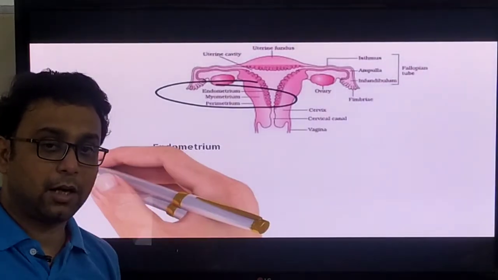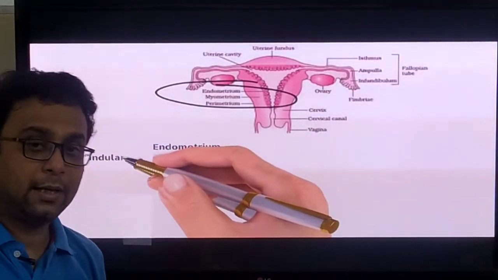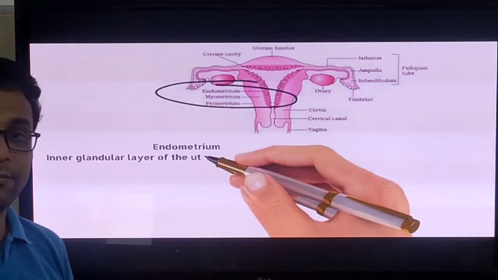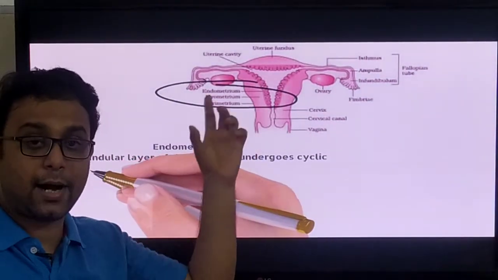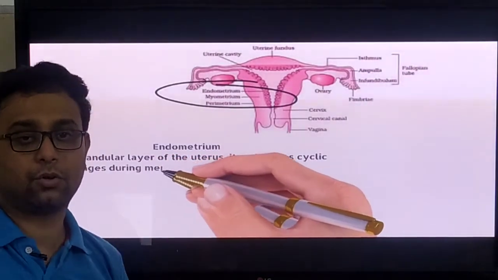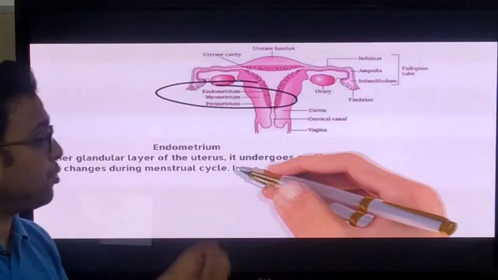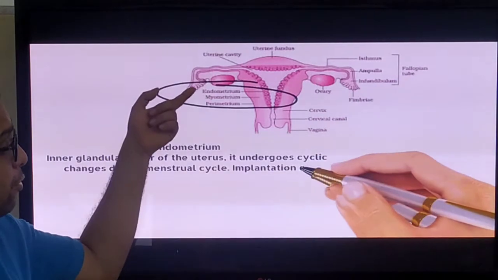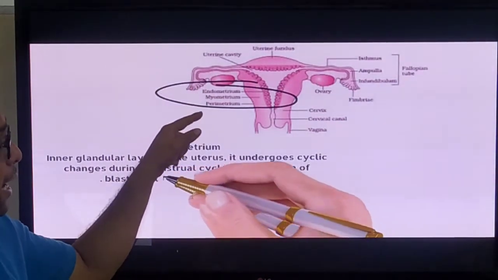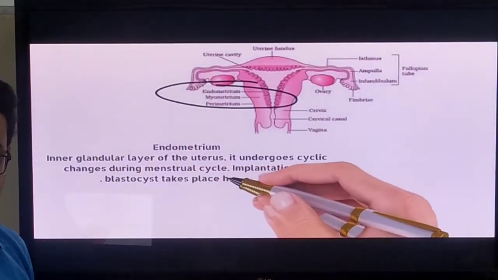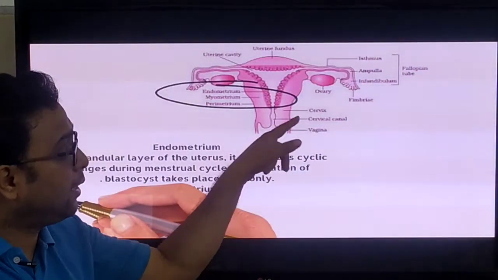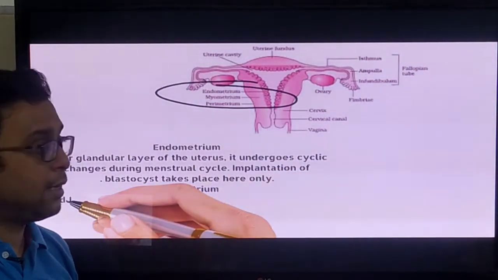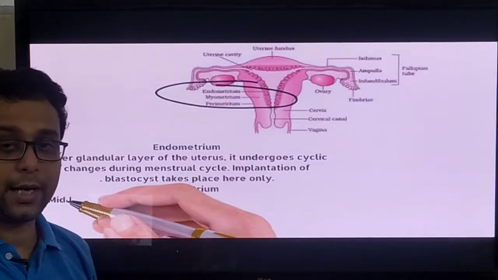Implantation means the zygote, after cell division, becomes a blastula, and the uterus is the site where the baby ultimately grows, right? So the uterus has three membranes: endometrium, myometrium and perimetrium. Next, the structure present here is the cervix, and next is the vagina.